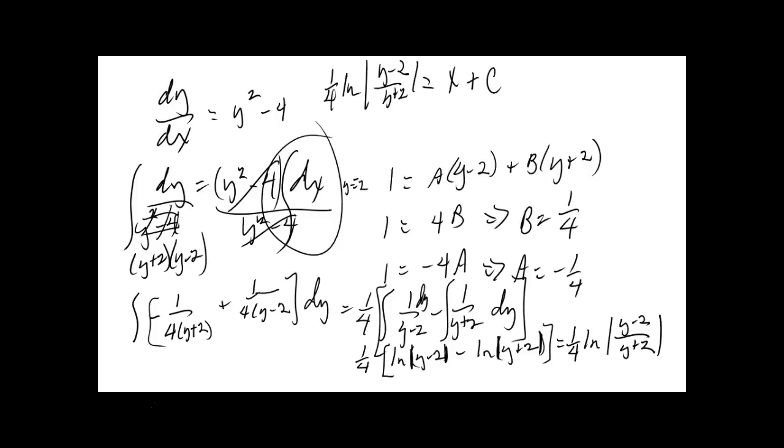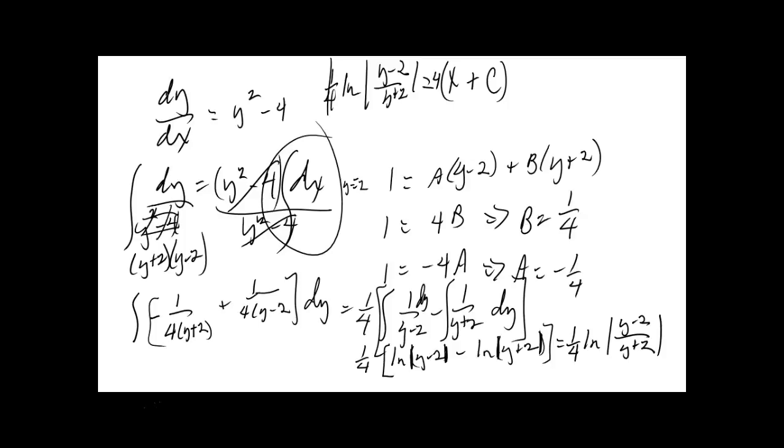Now, they did a lot of other stuff, okay? And let me just suggest to you what that was. They took this and multiplied 4 times both sides of this equation, okay? But then 4c is the same as c, so, I mean, it's just a constant. 4c is just a different constant.